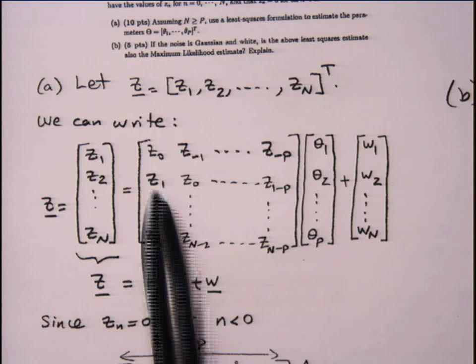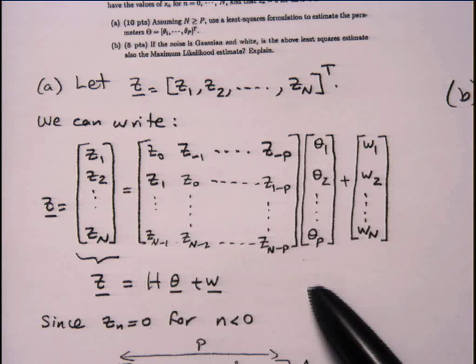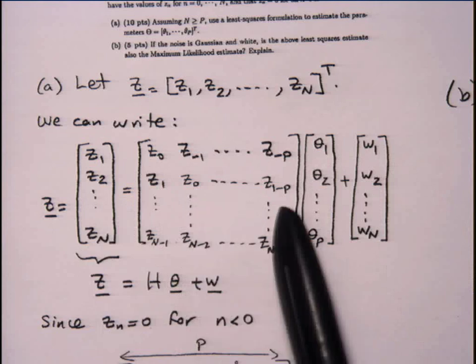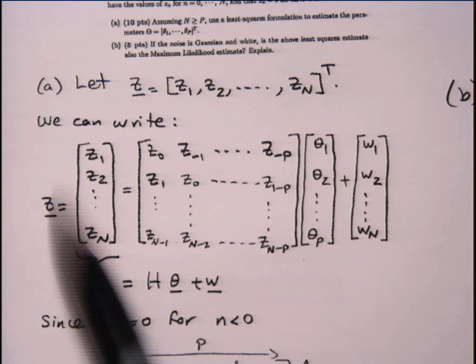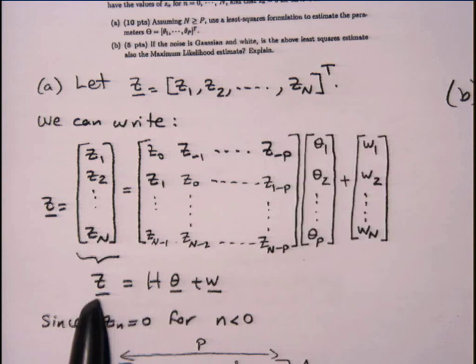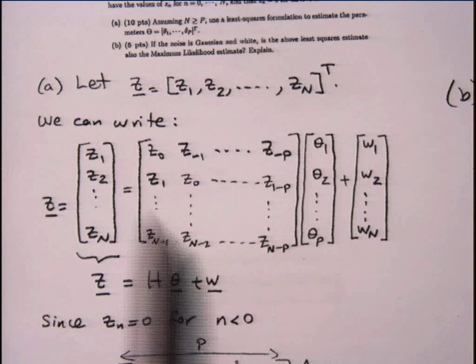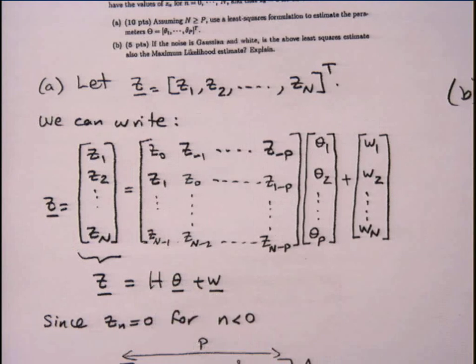So they are going to be in this row, and they're going to be multiplying theta 1 through theta p. And then there's some noise. Z2 is again a linear combination of the last p z's with these coefficients and so on. So I can now write down this equation where z is this vector of data, H is a matrix composed of the previous values of z, theta is the unknown, plus w. Right? Okay. So the question now is to find the least squares estimate of theta.